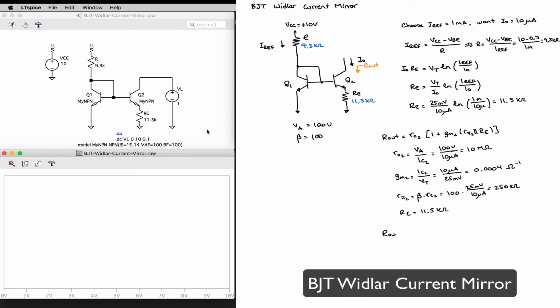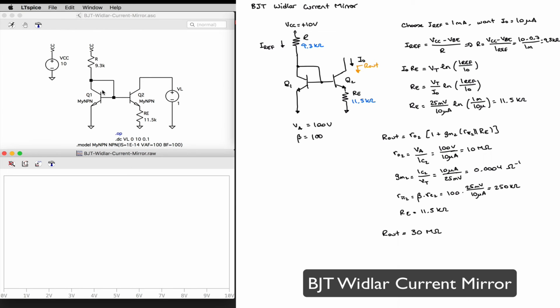So if we enter those numbers, I get Rout on the order of 30 megohms. So around 10 times better than the one we calculated for the emitter-degenerated mirror previously.